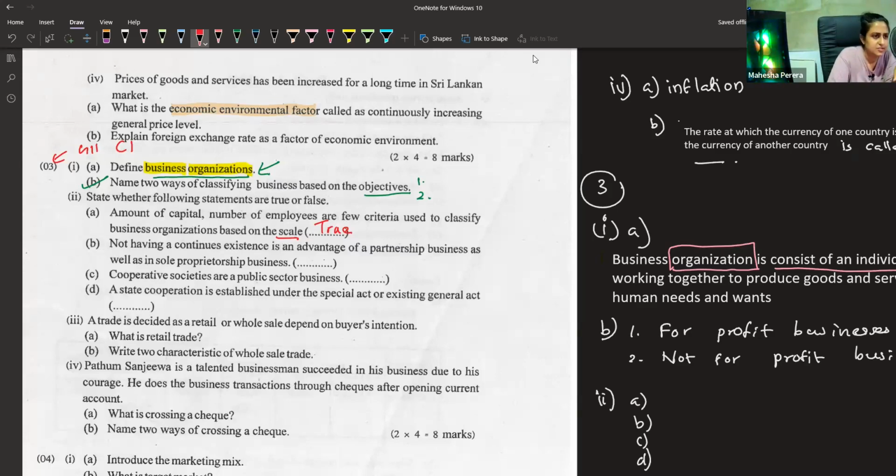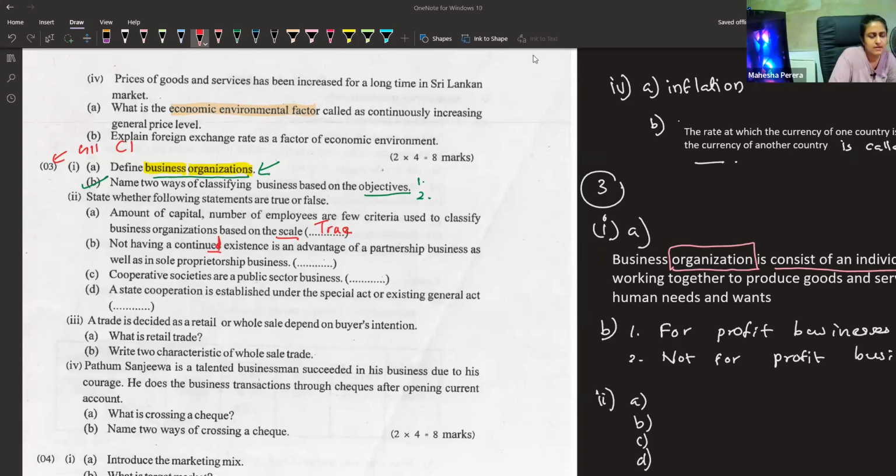Next one. Not having a continued existence is an advantage of a partnership as well as a sole proprietorship, it says. Right, I'll ask this.